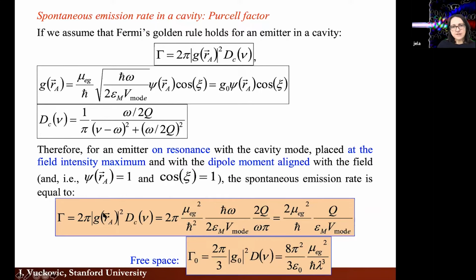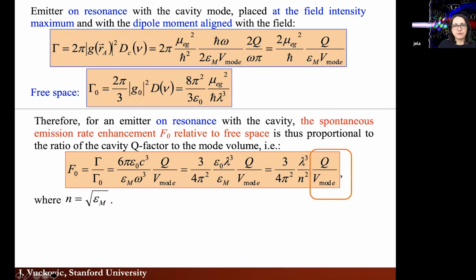So now, as an exercise, let's take the ratio between gamma and gamma naught, the spontaneous emission rate in the cavity and in free space. I'll label it as F naught. It's basically the spontaneous emission rate change, or enhancement, as we'll see in a moment. The ratio is given here.